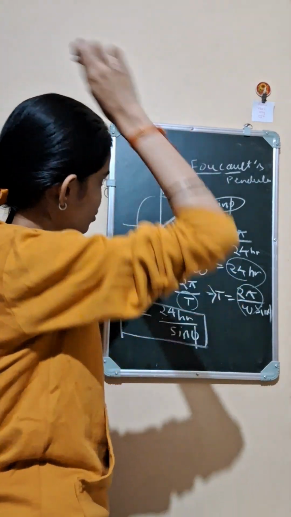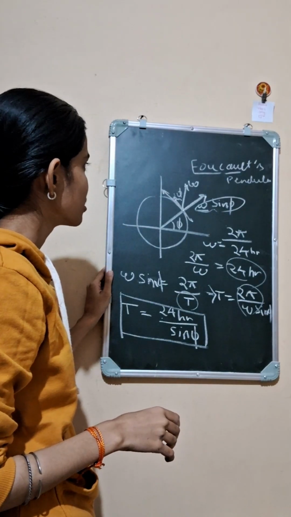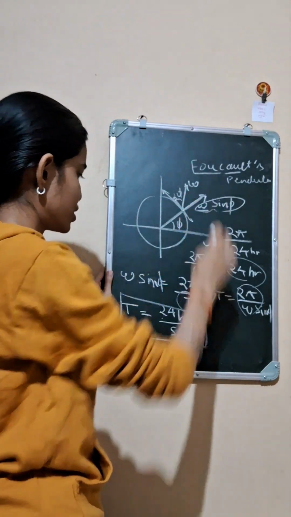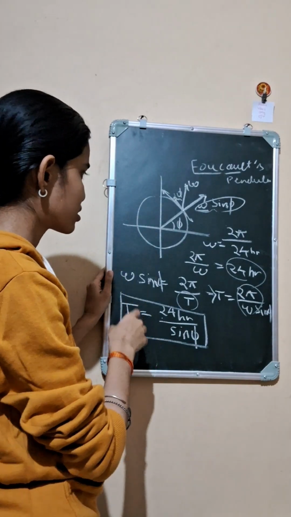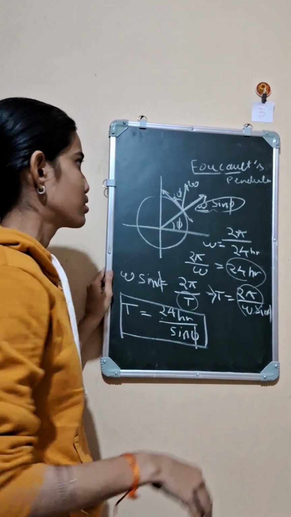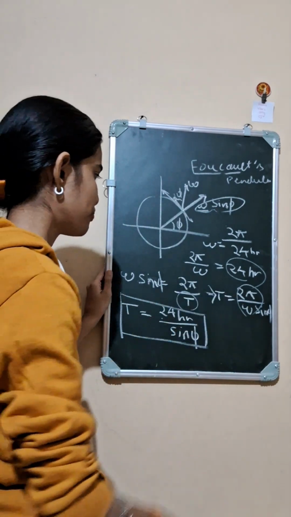So what was the question? Actually I forgot after deriving this. The question was how much angle the Foucault pendulum covers in 1 hour.